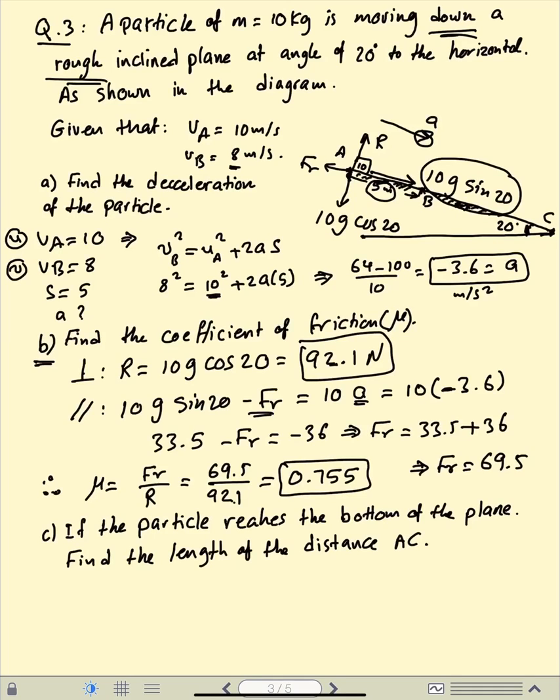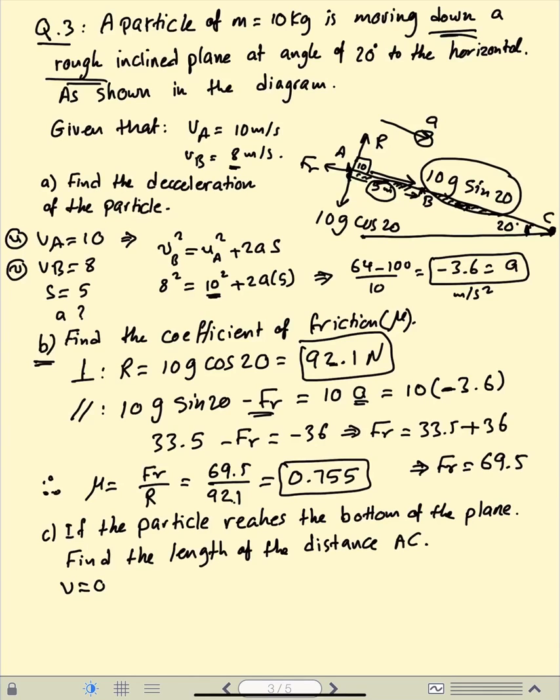Part C, if the particle reaches the bottom of the plane, to C here, from here to C. When we say the particle reaches the bottom of the plane, what do we mean? It stopped. So V is 0. This is the first given information.